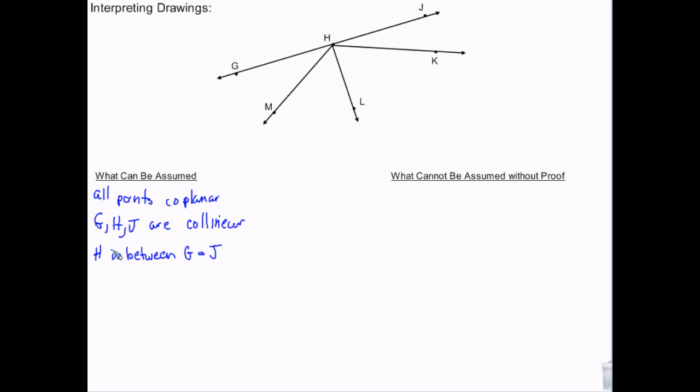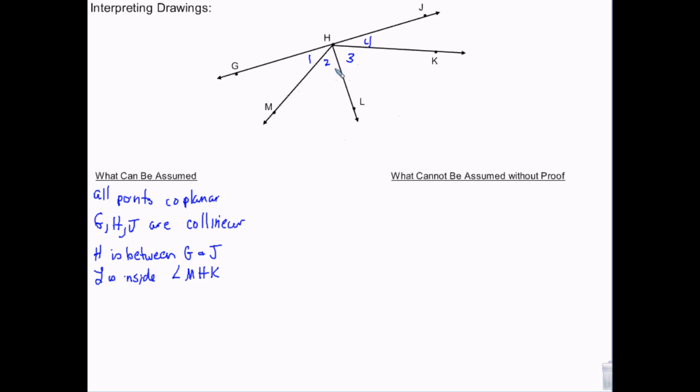Okay? I can say that L is inside angle MHK, but I don't know if it's a bisector or anything like that. I can't assume that without something to tell me that. I can say that these angles here, so I'm just going to call them 1, 2, 3, and 4, are adjacent.